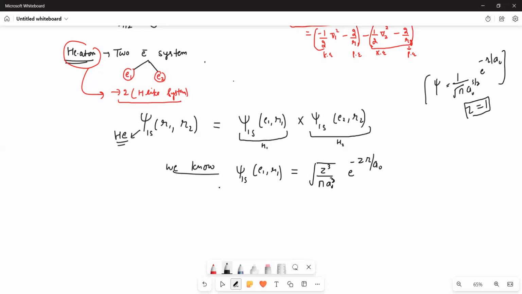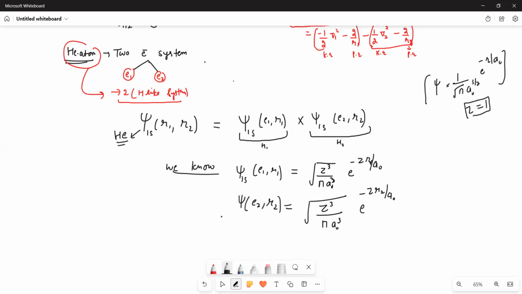This is for r1, so in place of r, you have to put r1. Similarly, for the second electron, which is at distance r2 from the nucleus, the wave function is z cube upon pi a naught cube, exponential minus z r2 by a naught.